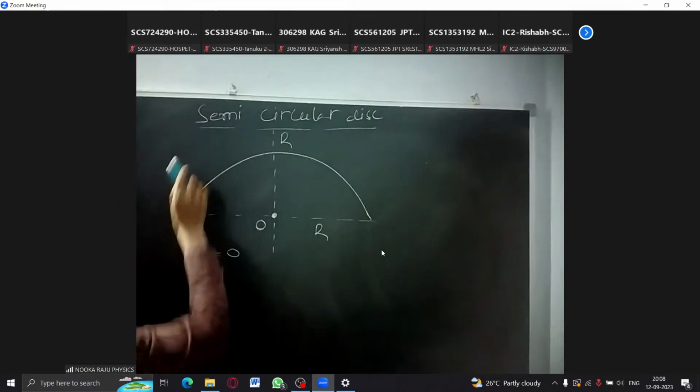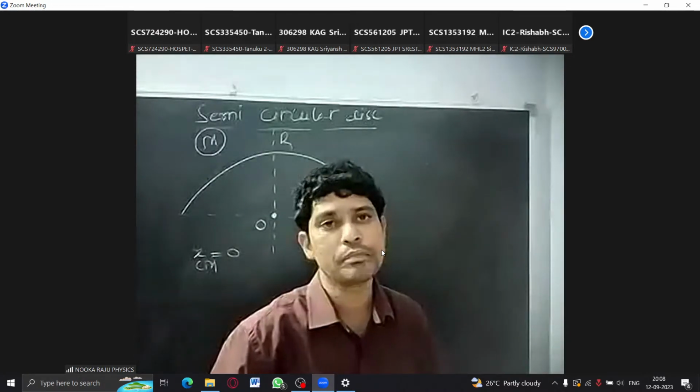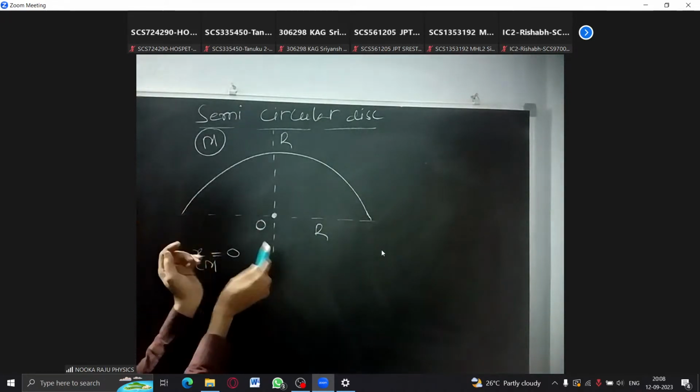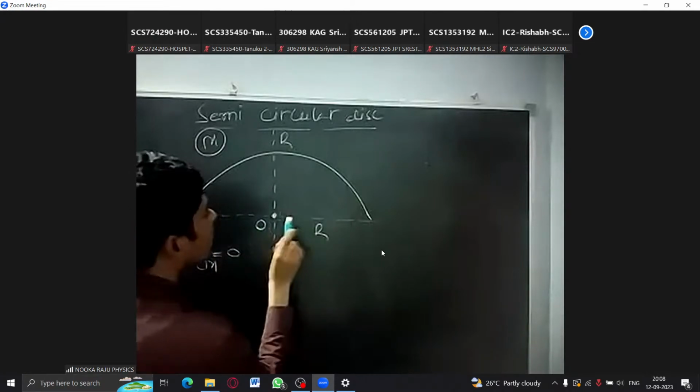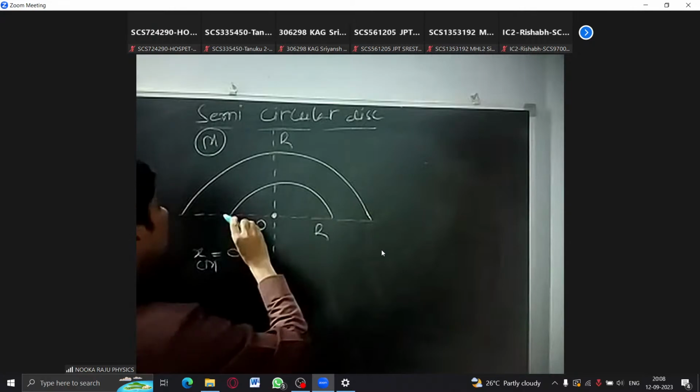The total mass of the disc, again I consider capital M without any confusion. So how can we find the center of mass of the disc? I am going to utilize the circular ring. I want to consider the circular ring here. This is a circular ring.